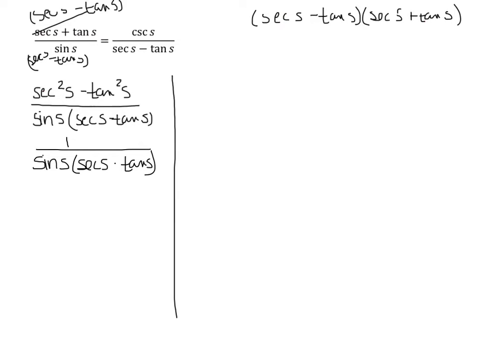Then I can actually separate this out as 1 over the sine of s times 1 over secant of s minus tangent of s. Well, I know that 1 over the sine of s is cosecant of s, and cosecant of s times 1 is simply cosecant of s.